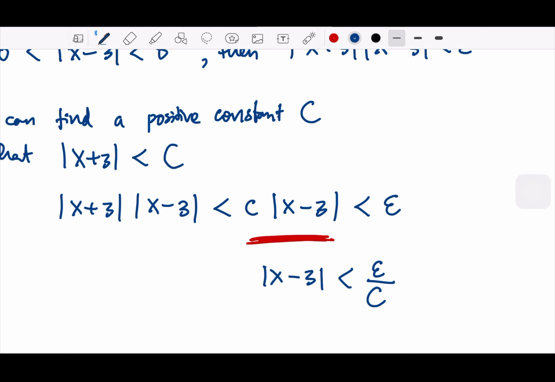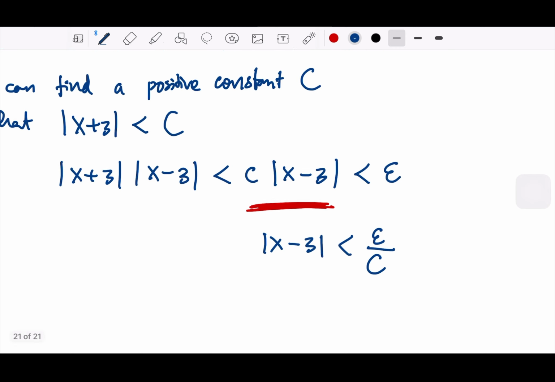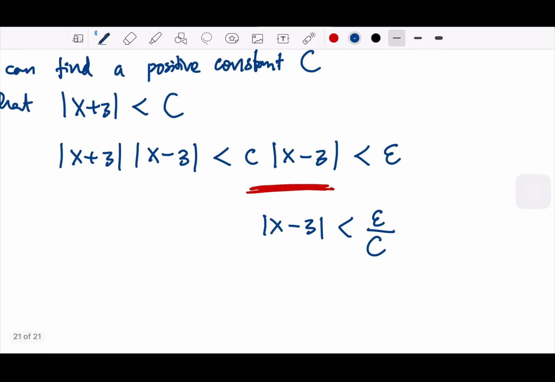So we want to simplify the x plus 3 into some constant that we assume. Okay. So from here we can look at that the delta seems to be epsilon over c. Okay. Now we need to define the c or elaborate more.